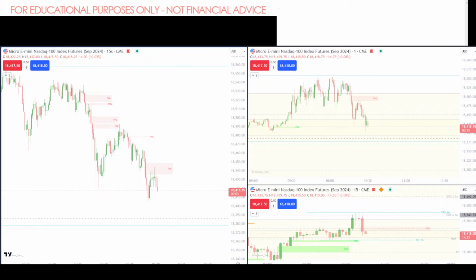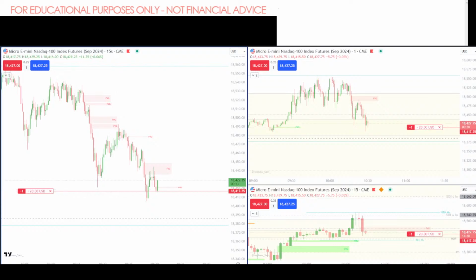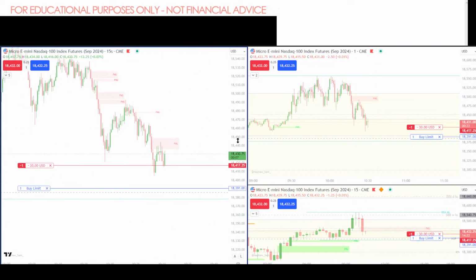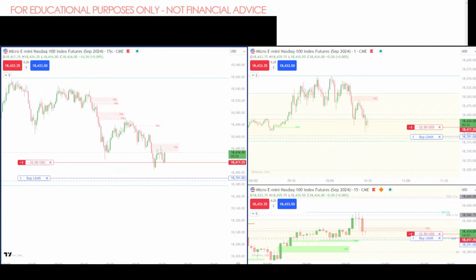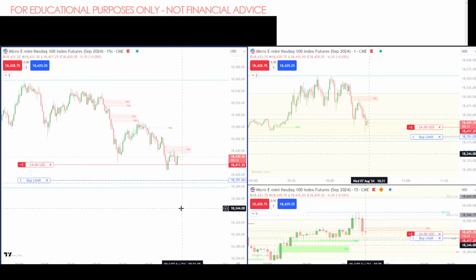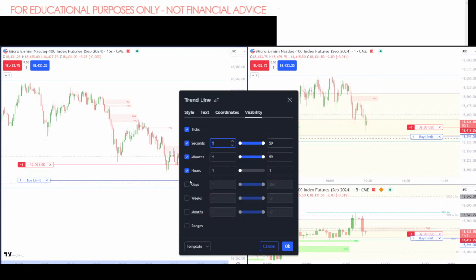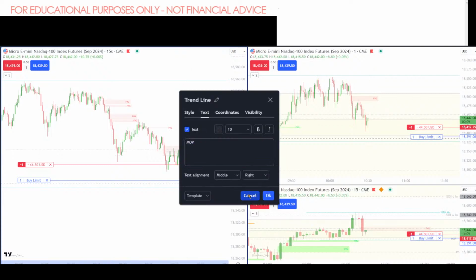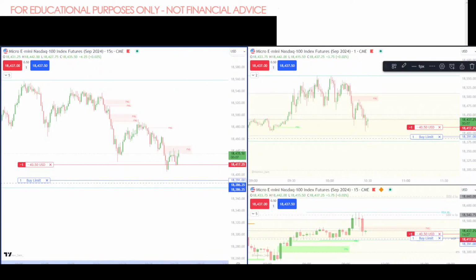I don't usually see much of a move at crude oil, but I entered short there. Wow. Down to midnight opening price again. Close to it.